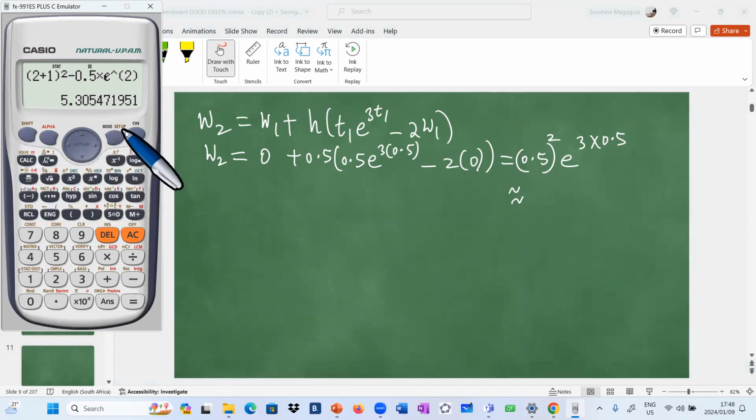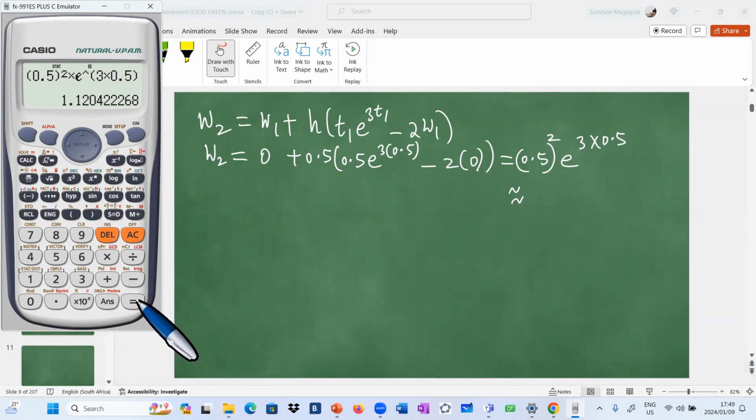For example, put parentheses, 0.5, and then close, and then square everything. Then multiply that by the exponential, which is shift above the natural log, then 3 times 0.5, and then you close like that.